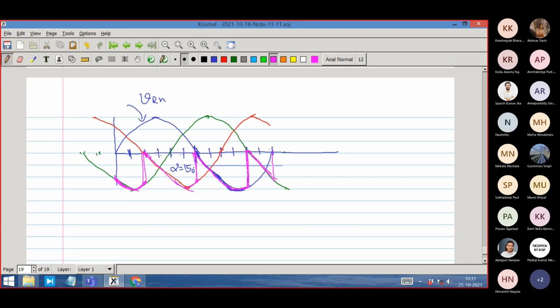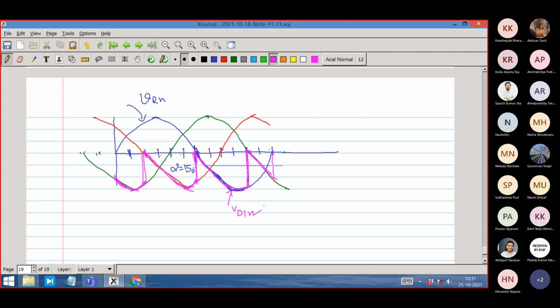So this pink color waveform is what is produced by firing the top thyristors. It is producing a negative voltage now because the firing angle alpha is equal to 150 degrees. So this we will call VD1N.